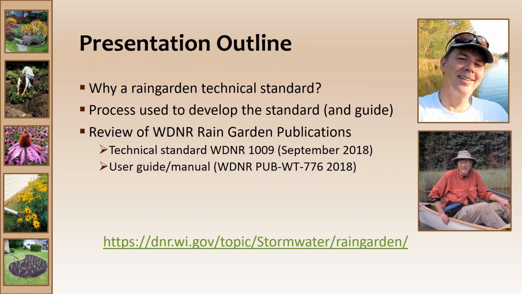I'll show you a picture of both of these, and they're both on the website shown on this screen. But we're going to focus on the technical standard. The user guide is a how-to for applying the standard in the field, and it's very helpful. Roger developed one back in 2003 that we basically updated after we finished the standard. And then at the end, we'll hopefully have time for questions.